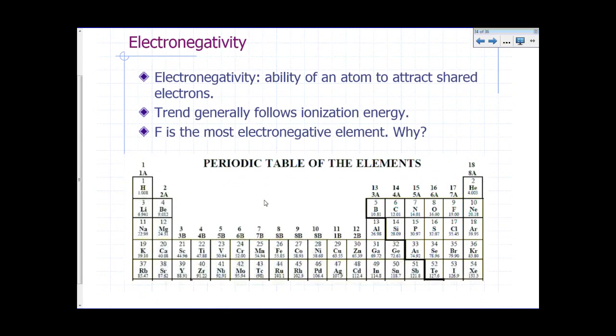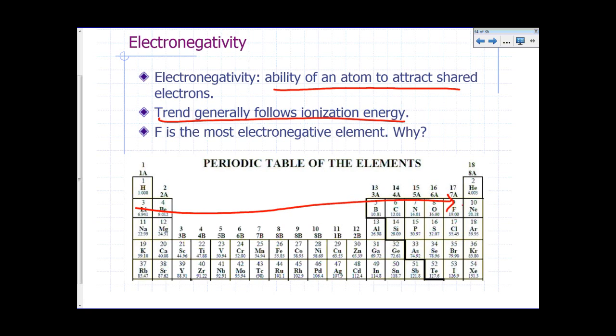Let's talk now about electronegativity. Electronegativity refers to the ability of an atom to attract shared electrons. The trend will generally follow the ionization energy, and the trend stops with fluorine. So fluorine, we say, is the most electronegative atom. Going left to right, it's increasing electronegativity.